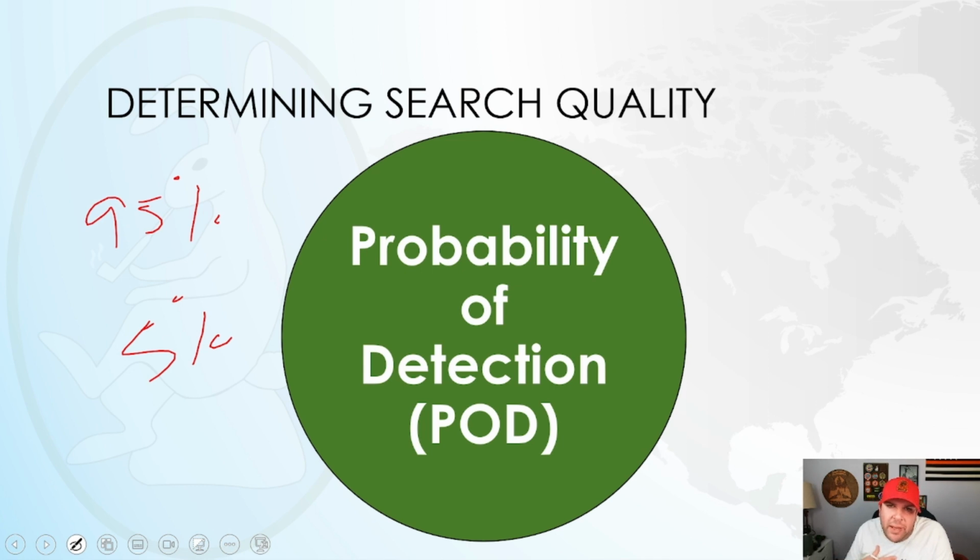If someone comes back to the command post and they give me a figure like this, I'm probably going to look at them sideways a little bit, just because that's a really extremely high value. A good probability of detection for a victim in a wilderness environment, and we'll say the vegetation's moderate.